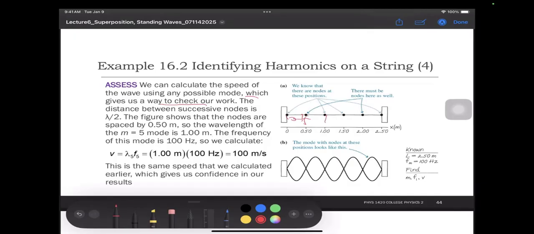The frequency of this mode is 100 hertz. So we calculate v equals lambda times f, which means the velocity of this wave is 100 meters per second. This is the same speed we calculated earlier, which gives us confidence in our results. Does it make sense to you?